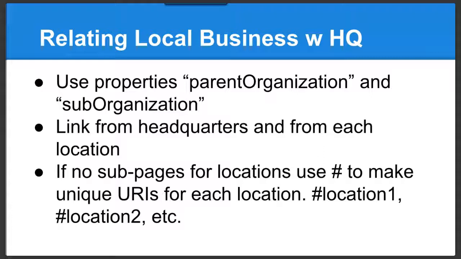Where you have a headquarters, you want to use the properties parent organization and sub-organization to define them. So if I was doing the home page and talking about the headquarters and the primary location, which I'll show you as an example, for each of the sub-organizations or each of the cafes, we're going to use the sub-organization property and link those together. And linking them is really important because you're then designating to the search engines that these businesses are related.